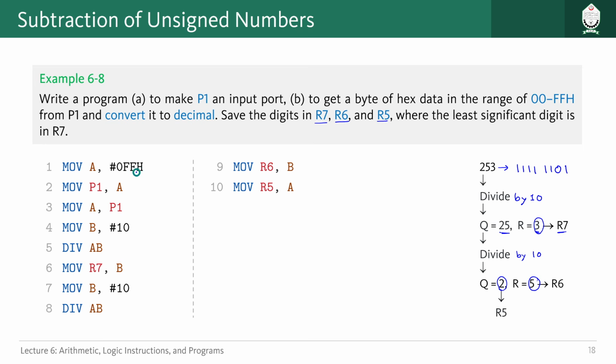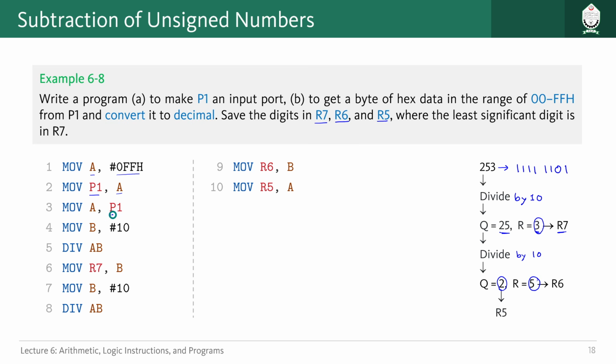So how is this done in assembly code? First of all, because we will read from port 1, we have to configure that as input. That's why we are taking the value FFH into A and then moving that to P1 to make port 1 input.